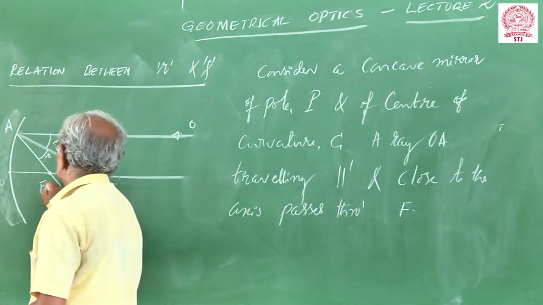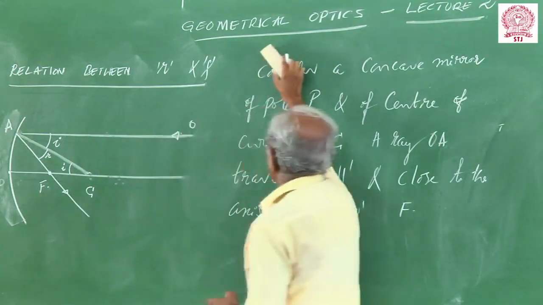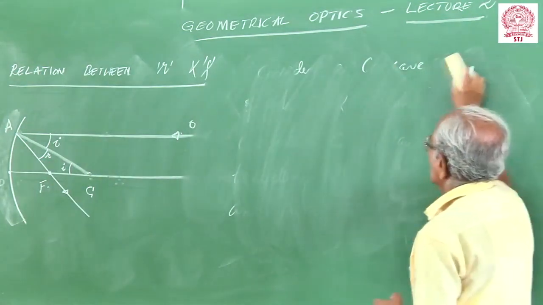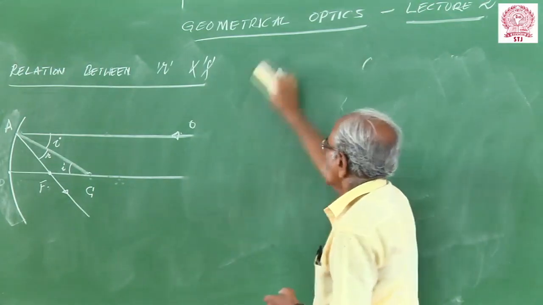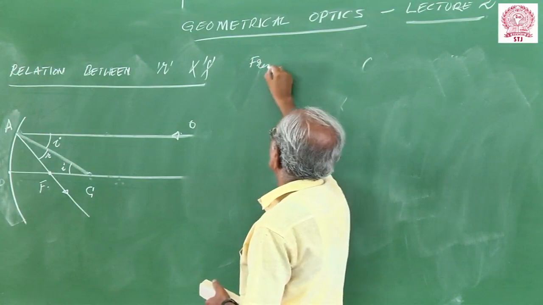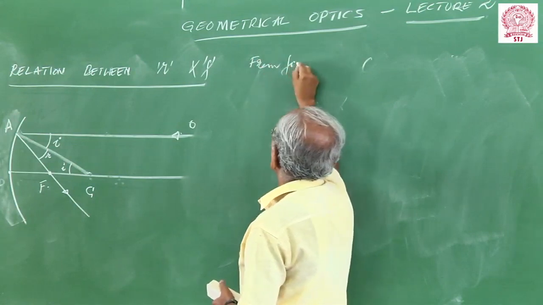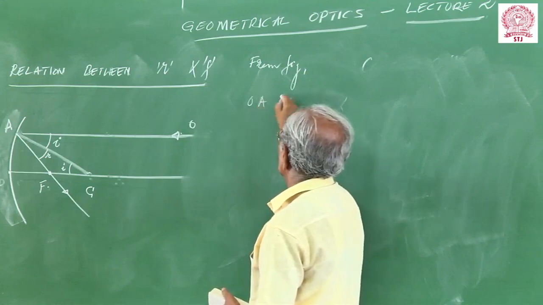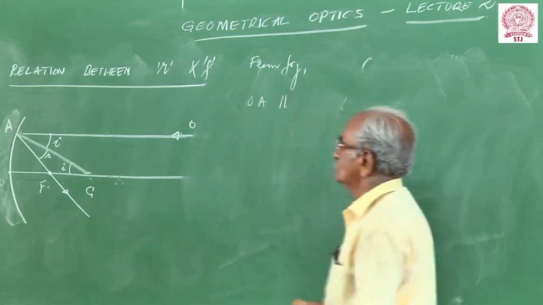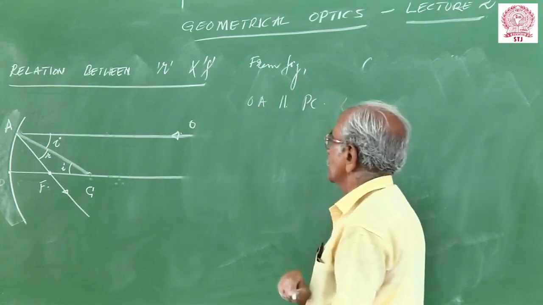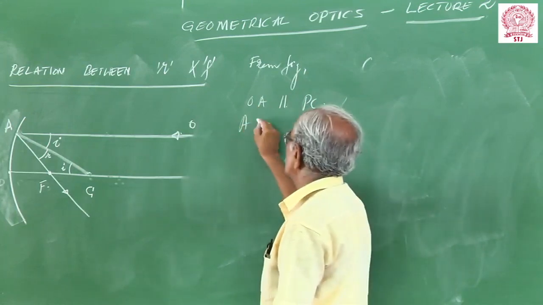Now from the figure, OA is parallel to the axis PC. AC is the transversal.